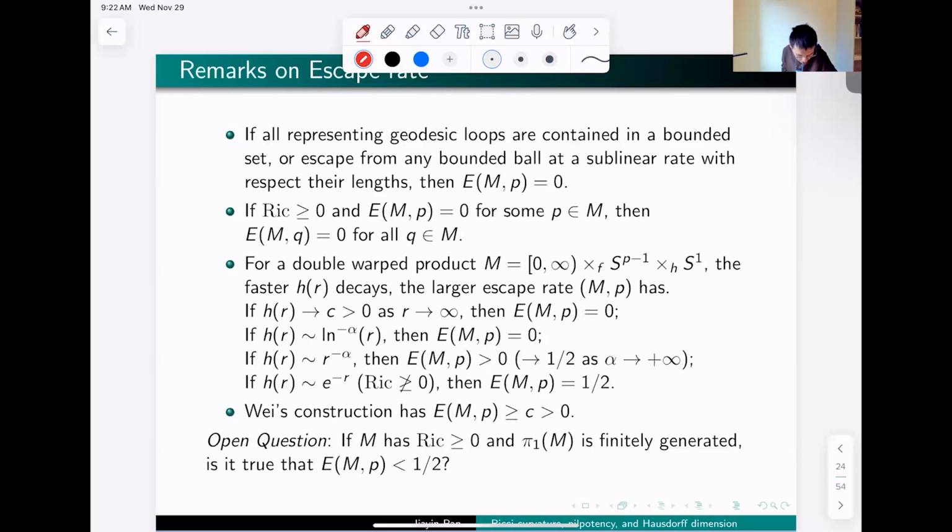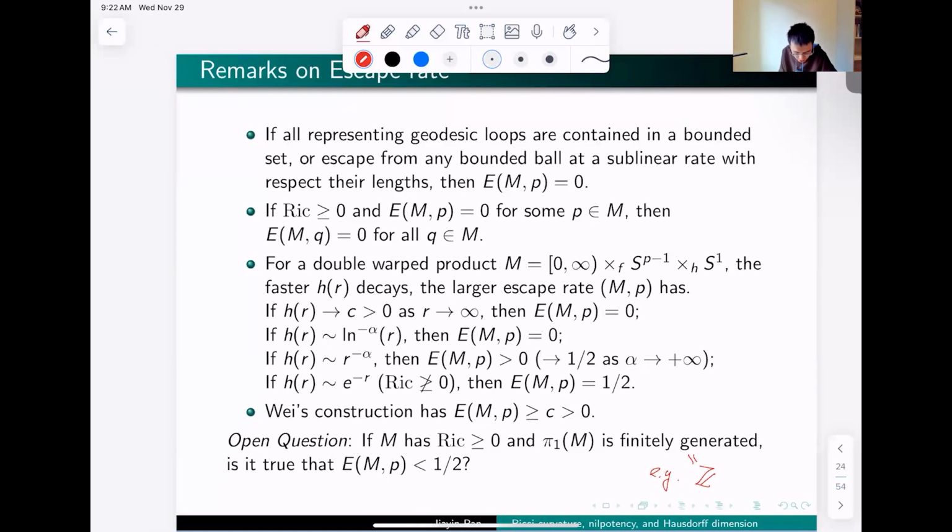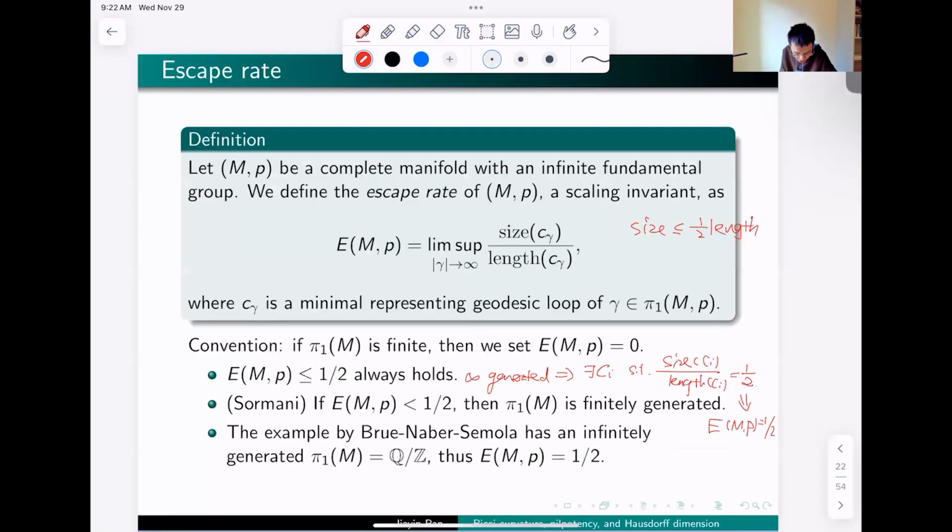And one of the open questions that I have is, suppose I assume the fundamental group is finitely generated. For example, let's say it's just Z. Does that imply the escape rate is strictly less than one half? So that would be like the converse of the previous property that I mentioned.